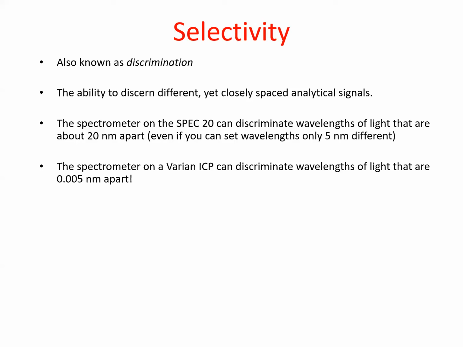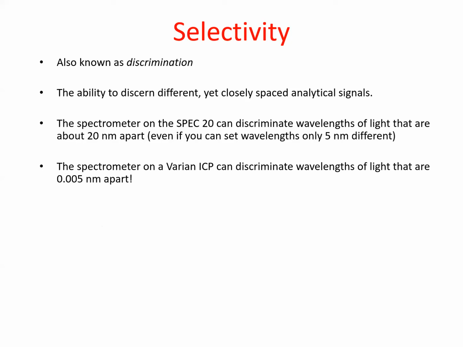On the other hand, if you have an ICP spectrometer, the Varian ICP, Varian is a company, it can discriminate wavelengths of light that are 0.005 nanometers apart.